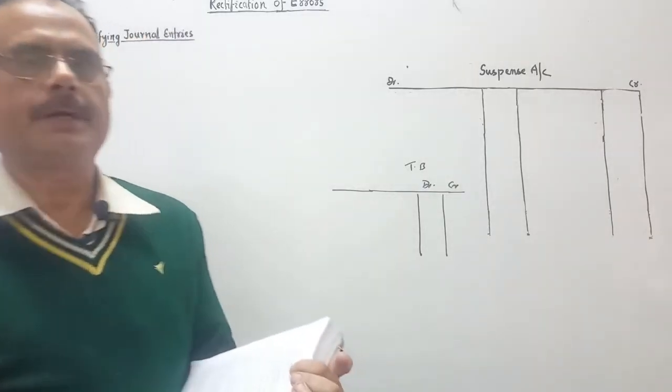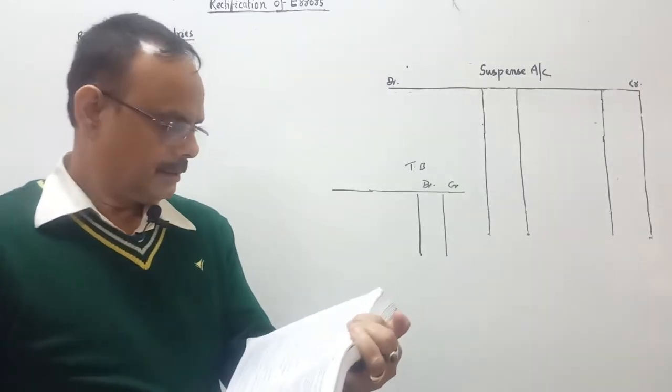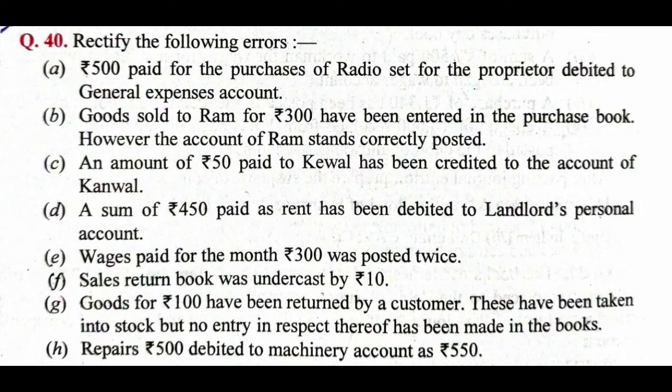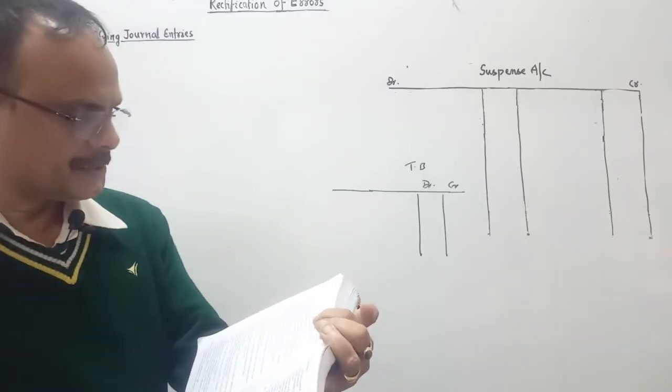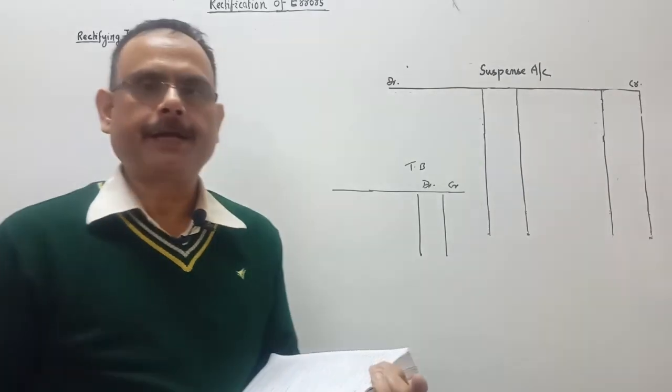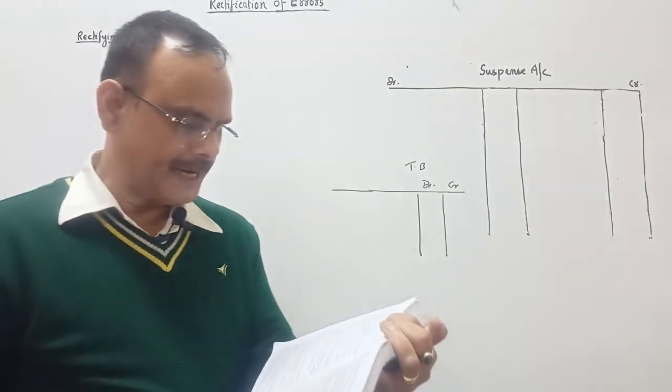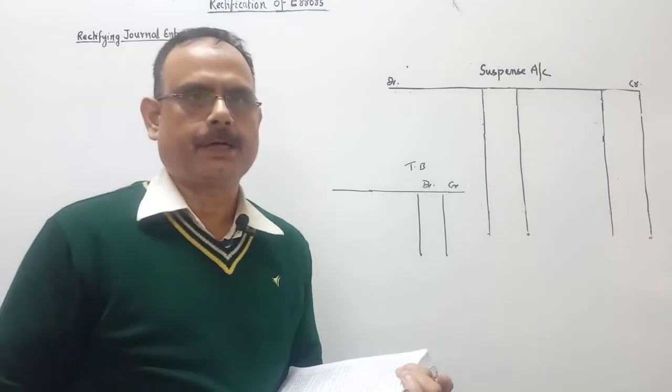Next question related to rectification of errors. Paid rupees 500 for the purchase of a radio set for the proprietor, debited to general expense account.